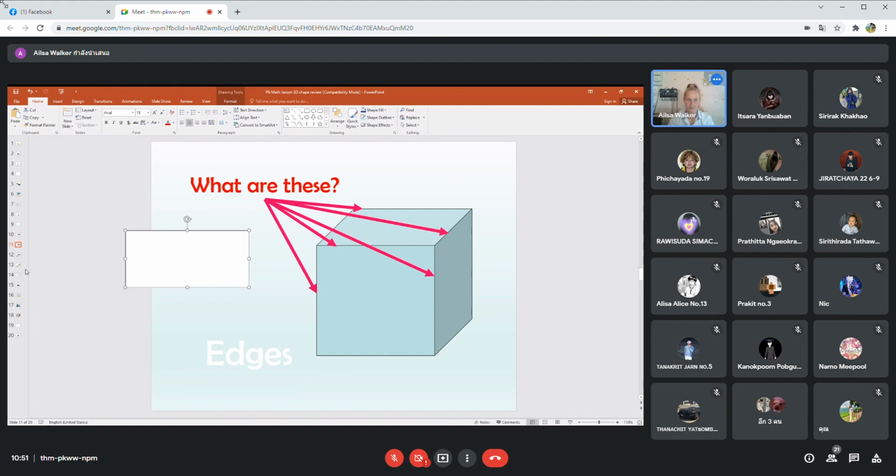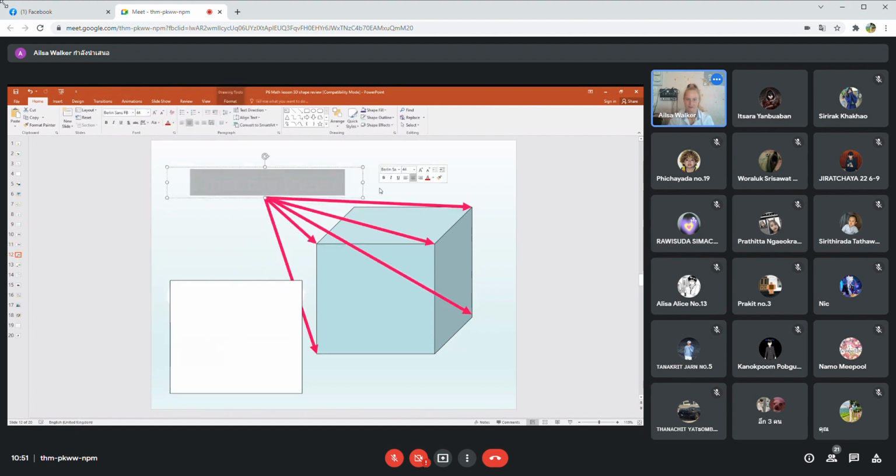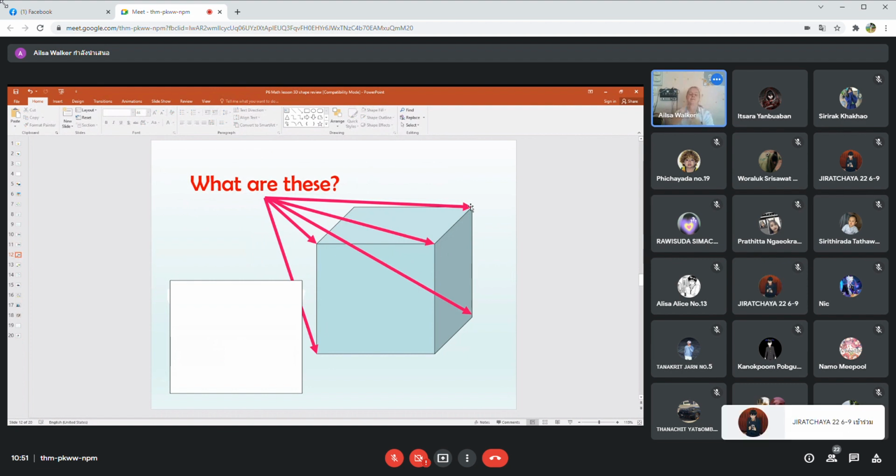Good. How about these ones? Can you remember? Vertices. Vertices, very good.